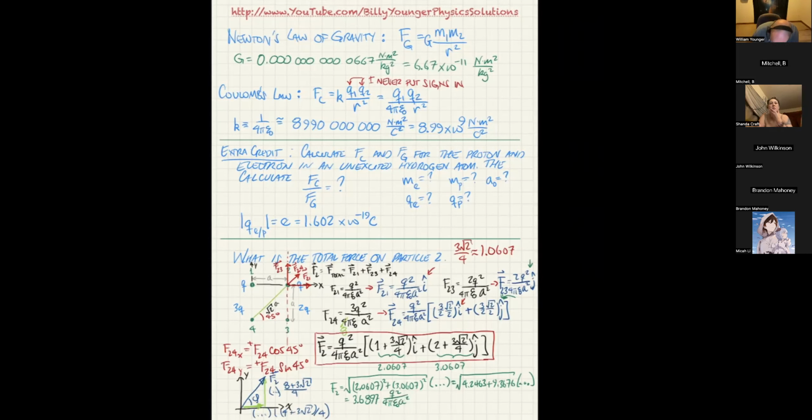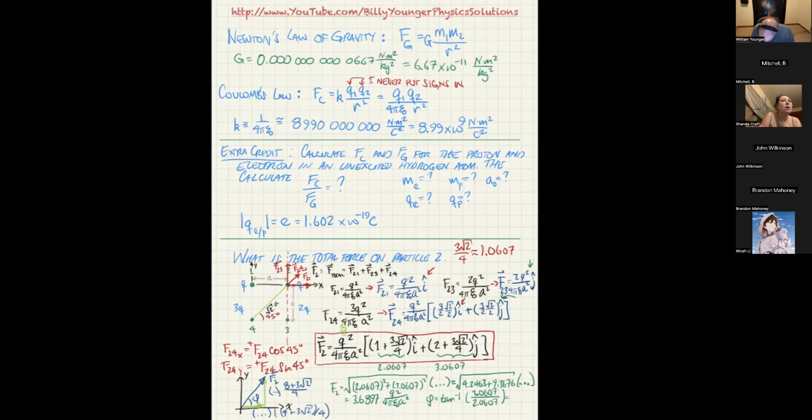I can also say that phi is equal to the inverse tangent of, I'm going to revert back to those digits there, so I'm going to say 3.0607 over 2.0607.